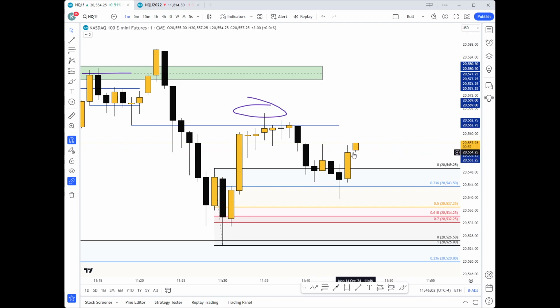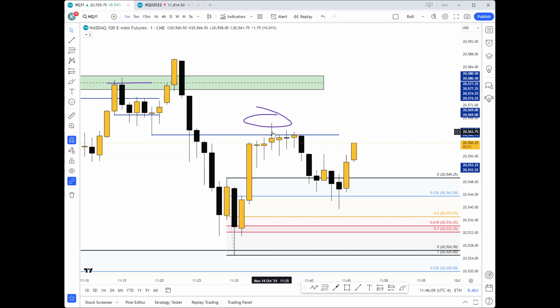Nice closure above this. That's actually your last structural candle, so that's wild. We should take this high now, 66. Yep.